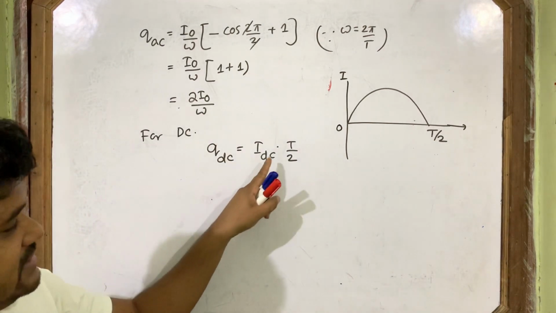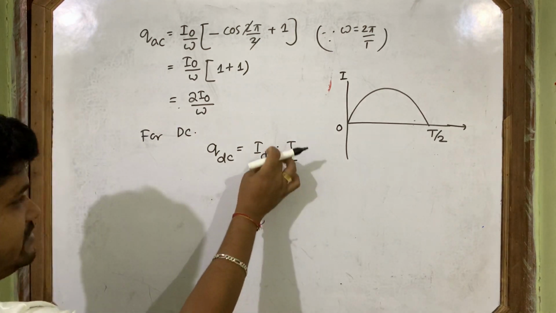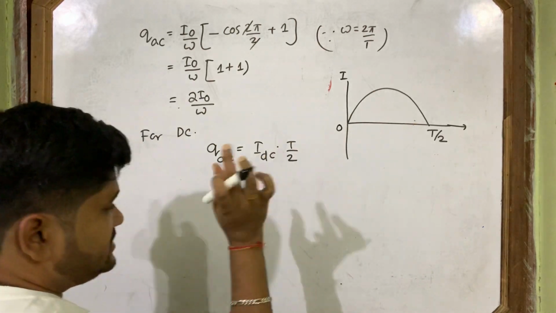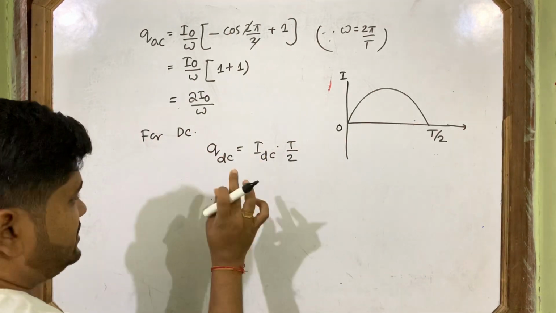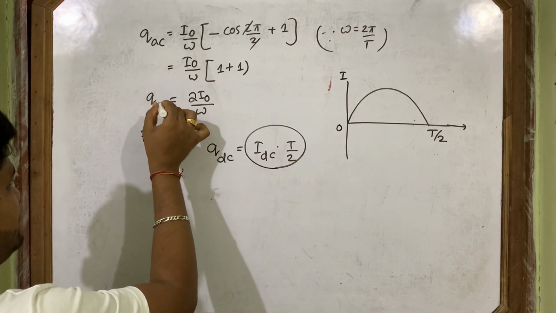Q DC is equal to I DC into T by 2, because for the same time that AC flows, DC will also flow. So this is the expression for Q DC, and this is the expression for Q AC.